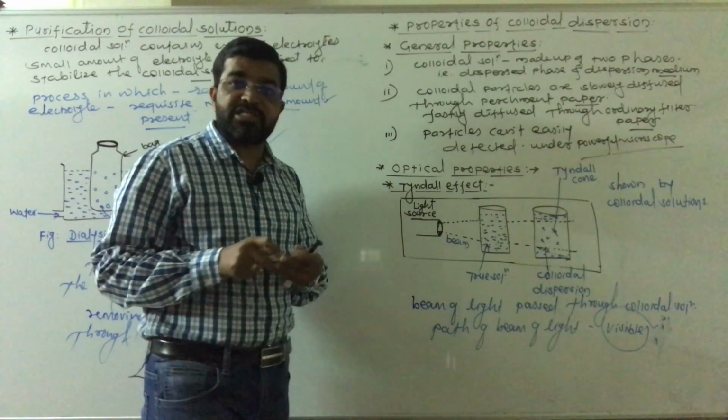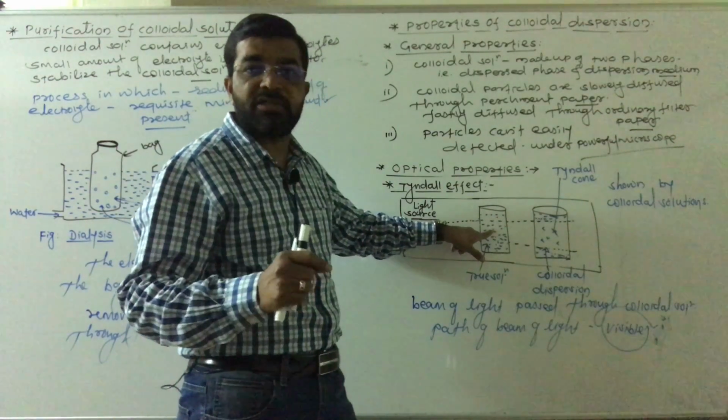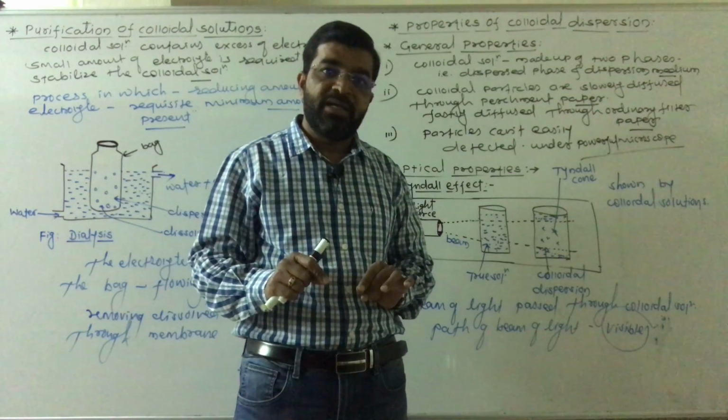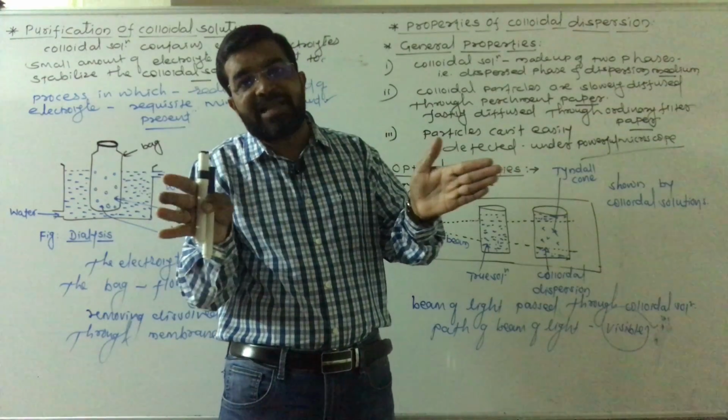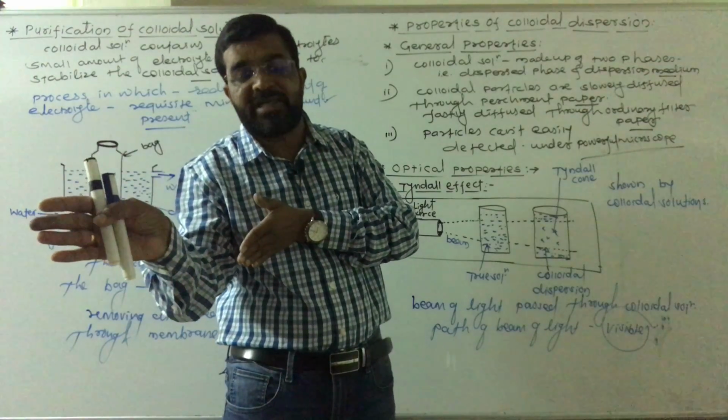So why is it visible and invisible? The size of the solute particles in a true solution is very small. They do not scatter the light. Scattering of light means they change the path of light.